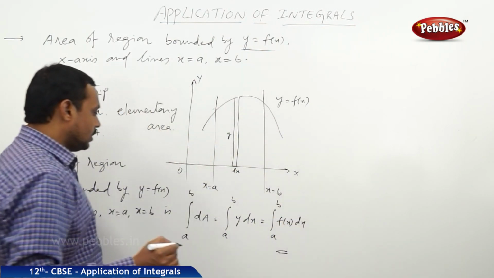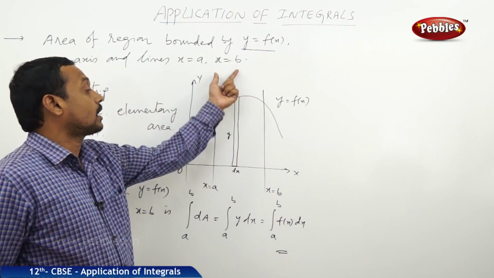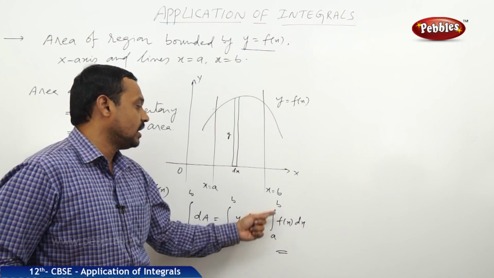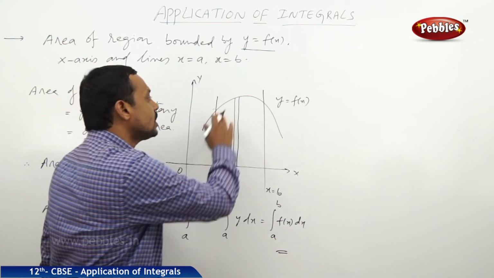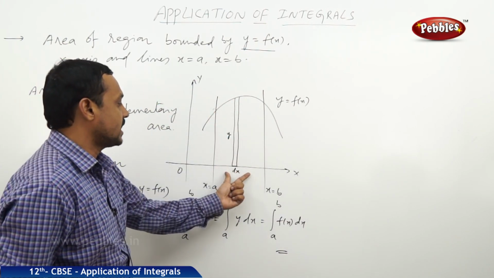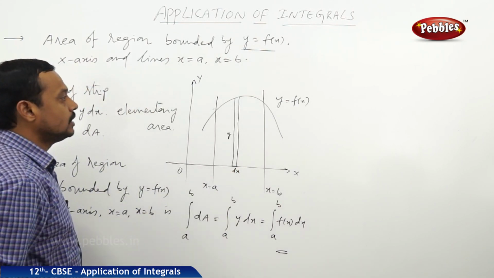So you just integrate the given curve f of x with respect to x under the limits a to b. That gives the area of the region bounded by the curve with the x-axis between the lines x is equal to a and x is equal to b.